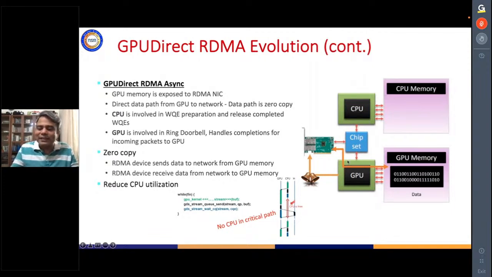Now with the latest technology that you will see in the GPU clusters that you are being exposed to, even the control plane is running inside the GPU in sync with the adapter. So there is no involvement at all of the CPU for GPU to GPU communication, and therefore we end up making a very efficient GPU accelerated cluster of multiple hundreds and thousands of nodes, which we will talk about in the coming slides.